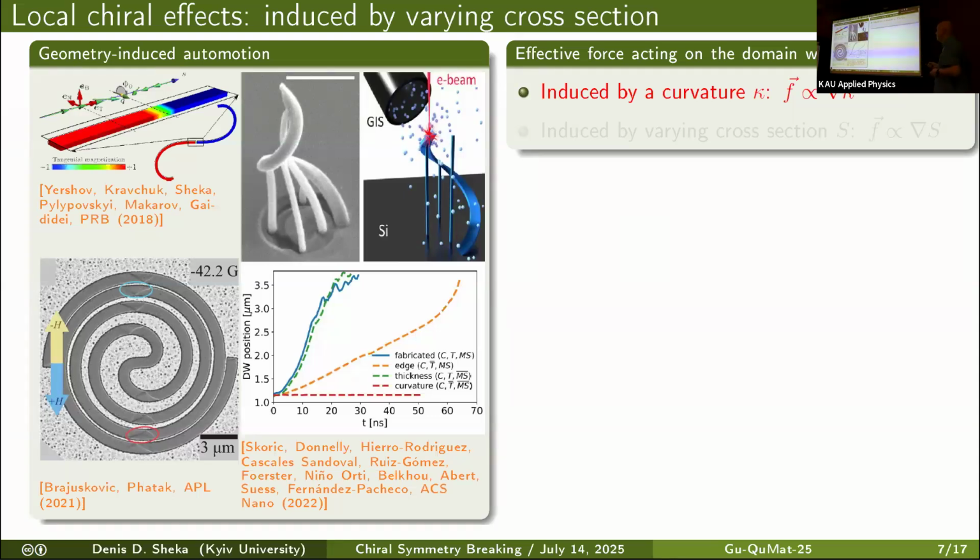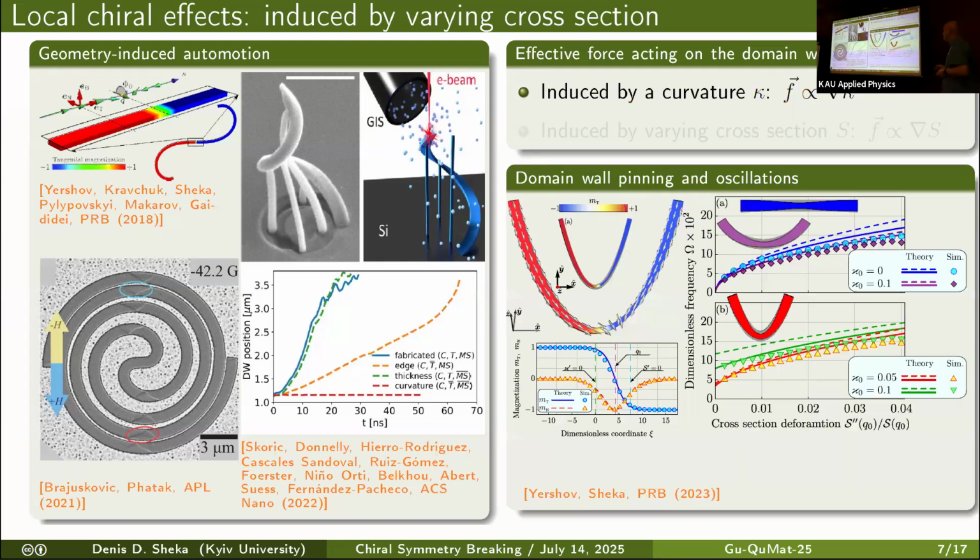and it was expected to be the main factor of the force which causes the domain wall motion. Our theoretical predictions result in the domain wall moving by the gradient of the curvature, but the experiment suggested that another effect could appear. That is why we decided to study another geometrical effect, the varying thickness.